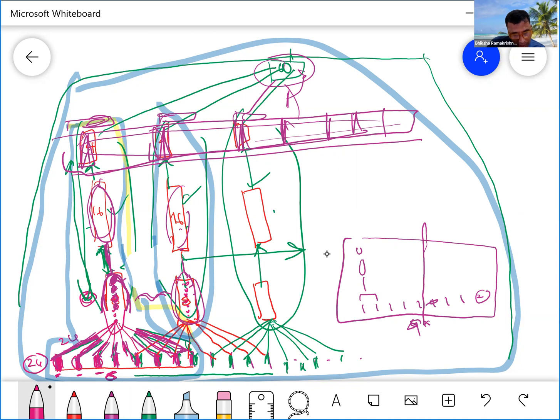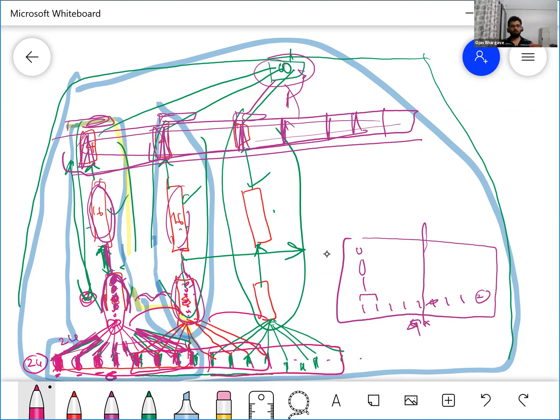A neuron looks at a collection of inputs, correct? Yes, but at a time only once. At a time, it's looking at this entire collection of inputs. Then it jumps here and it's looking at this collection of inputs. Then it jumps here and it's looking at this collection of inputs, correct?